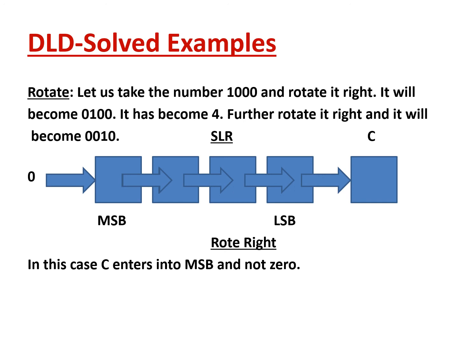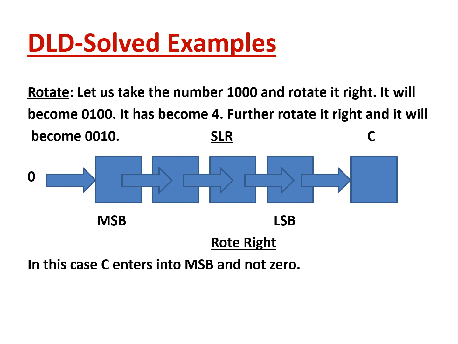That is the shift logical right. Similarly, in the shift logical left, the 0 will be entered at the LSB place, and the MSB will be shifted to the carry. Now let's see what happens in the rotate right.